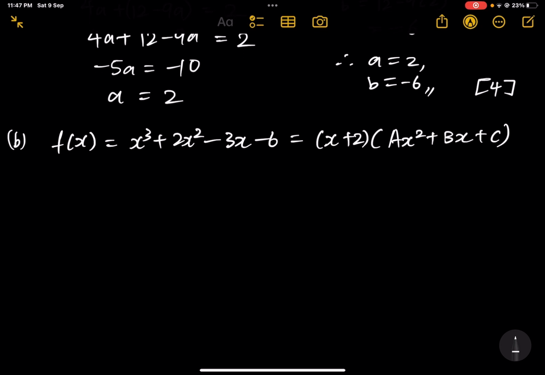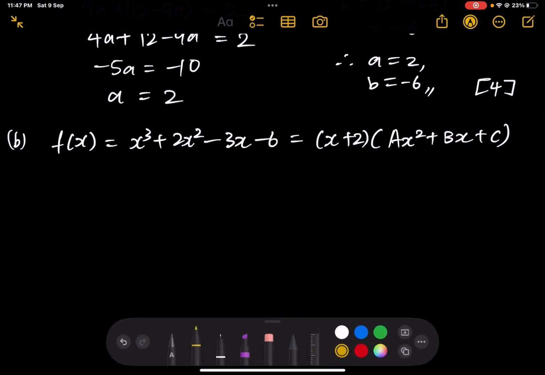Now we can compare the coefficient of x cubed. I know that my a would be 1, because I compare, here is 1, so 1 and a gives me 1 here. So by observation, my a is 1.